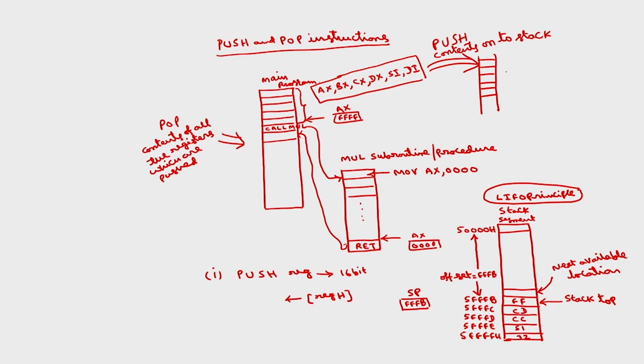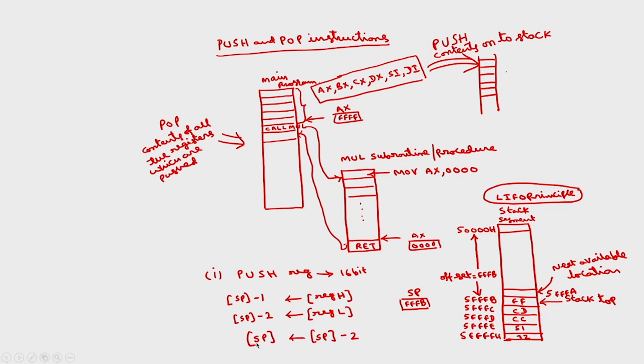If this is the stack pointer, what is the offset of this address? This address will be 5FFFA. The offset from 50000 to 5FFFA is FFFA, which is SP minus 1. So the higher order will be transferred to SP minus 1. Then the lower order register contents will be transferred to SP minus 2. Then SP minus 2 will be assigned to SP.